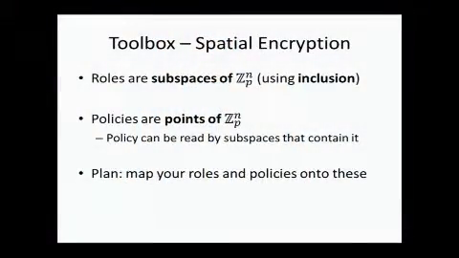The toolbox that I'm going to describe to build these things is something called spatial encryption. The idea is that the roles, the things to which you can assign keys, are all the affine subspaces of an n-dimensional vector space.